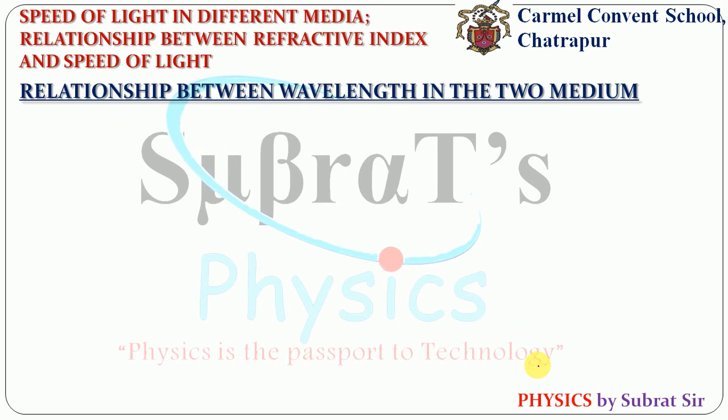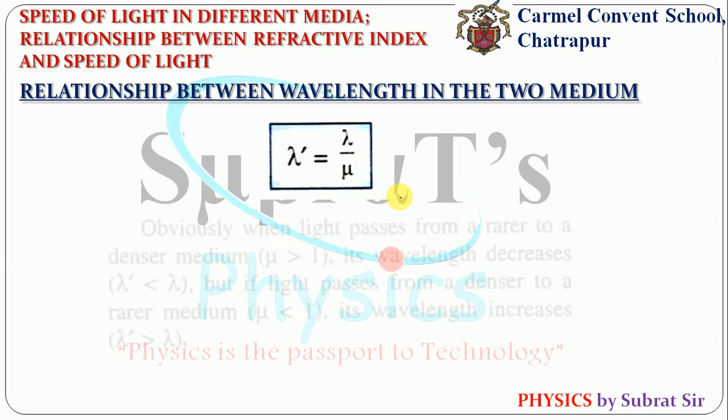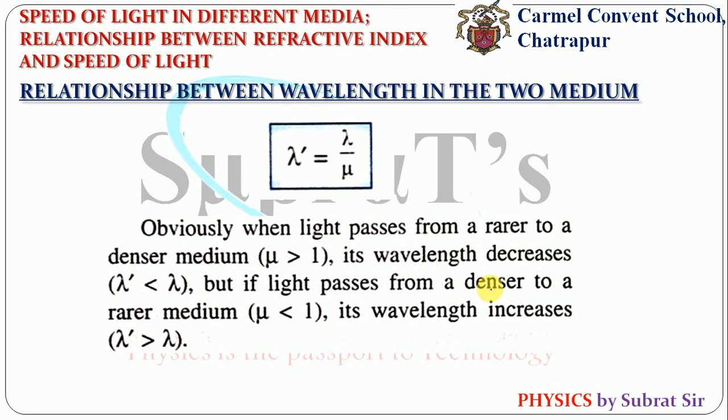We got lambda dash is equal to lambda by mu. That means the wavelength in the medium is equal to the wavelength in air divided by the refractive index mu. Obviously mu is always greater than 1, because it is 1 only for air or vacuum, so the wavelength lambda dash is always less than lambda.